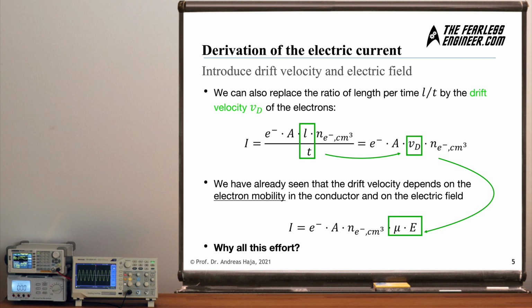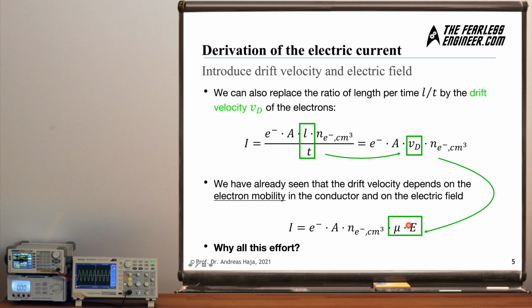Both parameters make up the drift velocity Vd, which brings us to this equation on the bottom here, which is the product of elementary charge, cross-section area A, number of electrons within a certain volume of the material through which the electrons are moving, electron mobility in this material, and the field strength.